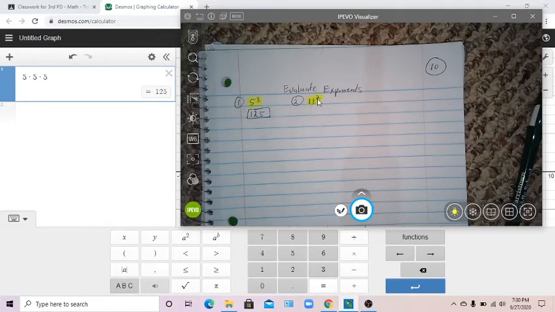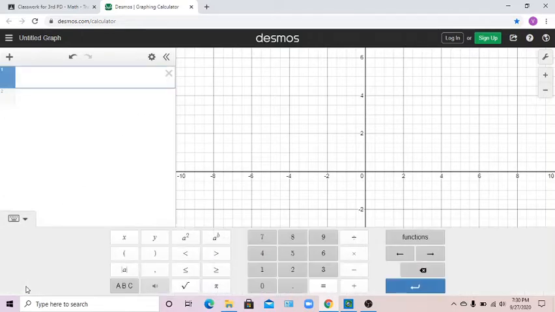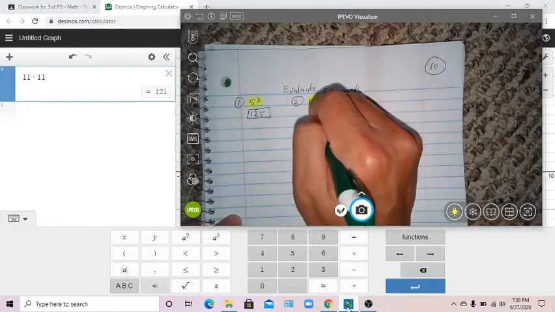So it's 11 times 11, right? Alright, so what you want to do is you want to X out of this. You want to start something new. And let's go ahead and pull the keyboard up again. So it was 11 to the second power, so that's 11 times 11. And it's 121. Okay, so I'll go back and I'll put in 121.